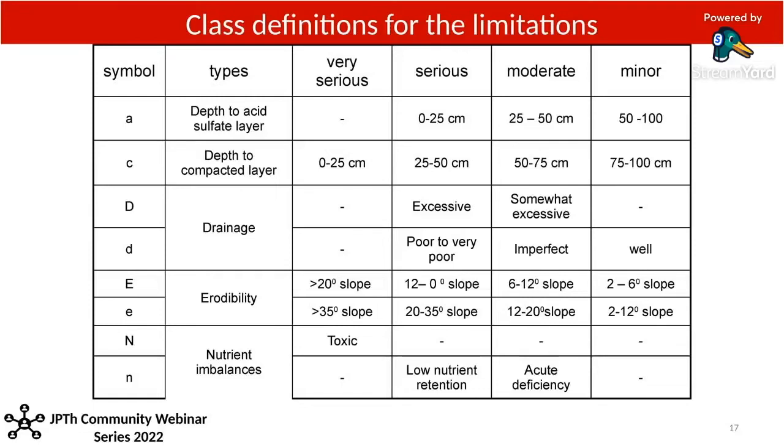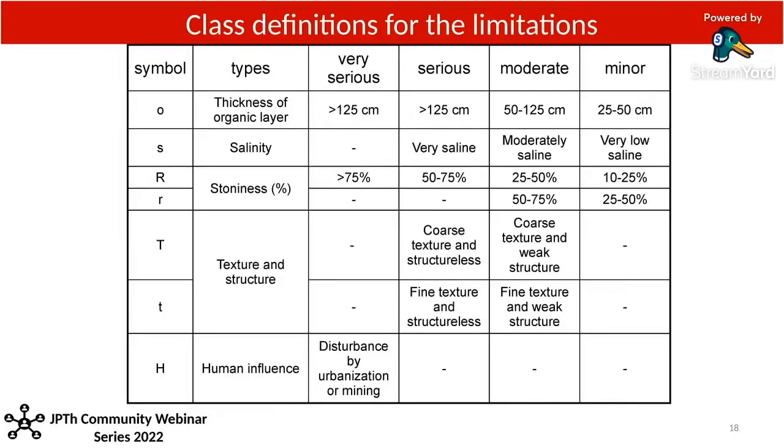Moderate is a depth of 35 to 50 centimeters. Minor is if the depth to the acid sulfate layer is more than 50 centimeters or 1 meter. Okay, and for the other limitations, these are the definitions or the parameters. Continue on the thickness of the organic layer, salinity, stoniness, texture and structure, and also human influence.